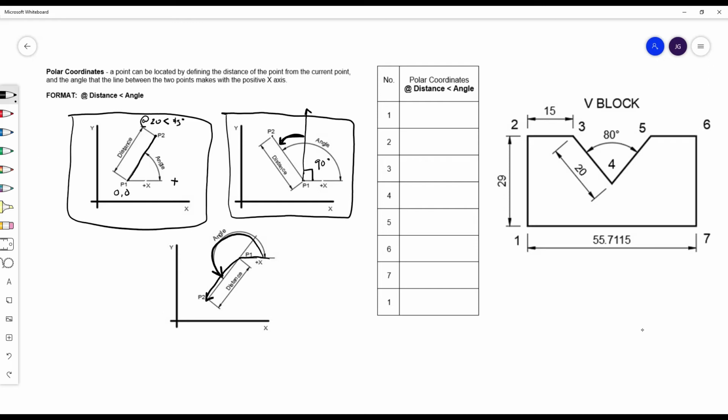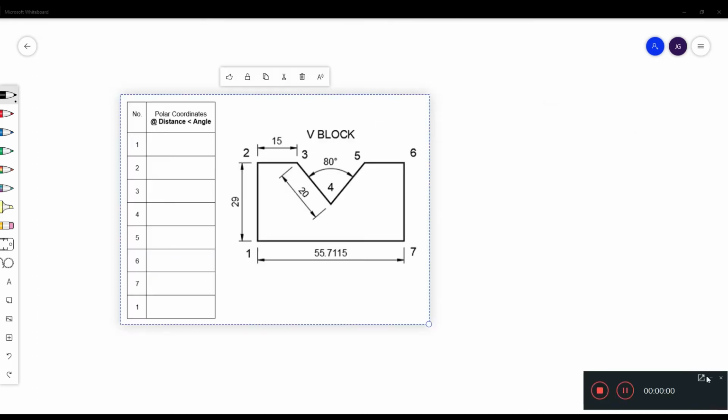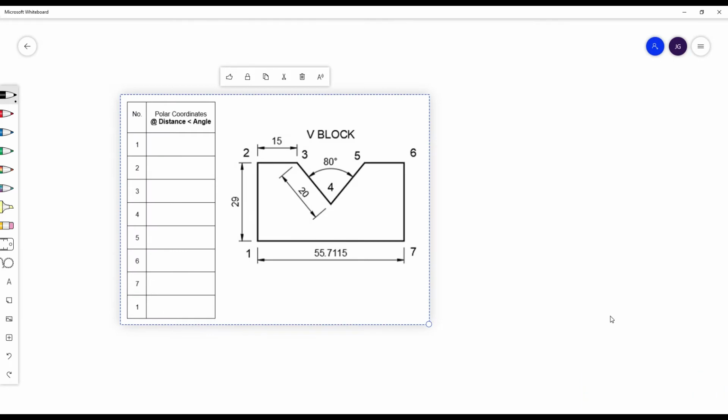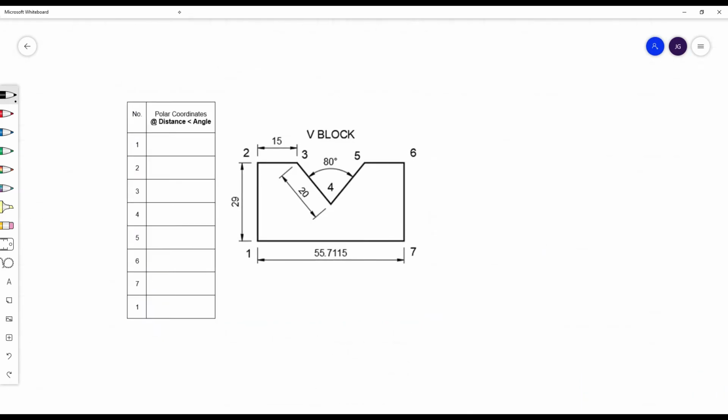For example, let's assume our point 1 is at 0, 0. So to find the first point, we indicate 0, 0, which is our origin. For the first to second point, we just need to indicate the distance, which is 29.